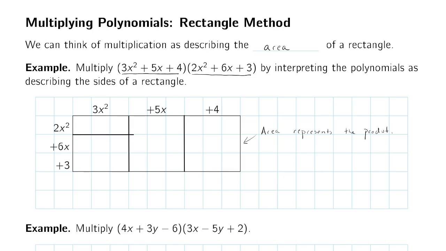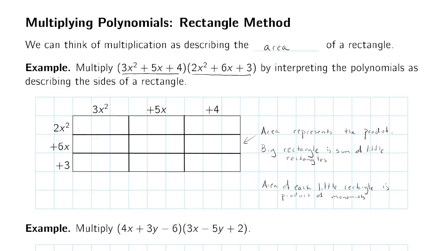And then I'm going to slice it like this. Now I have a little rectangle whose side has length 2x squared, another whose side has length 6x, and one more whose side has length 3. And the big rectangle is the sum of the little rectangles. And finally, the area of each little rectangle is the product of two monomials.